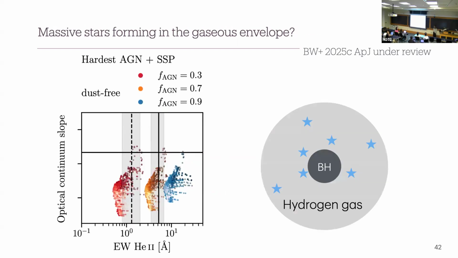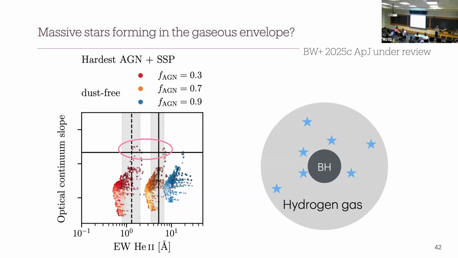What can work is we put a little bit of stars in this dense hydrogen. The stars have an intrinsically softer ionizing spectrum. So now you can imagine we are stacking a hard ionizing spectrum on top of a softer ionizing spectrum from stars. With that, we can go to this red and also low helium equivalent width parameter space.